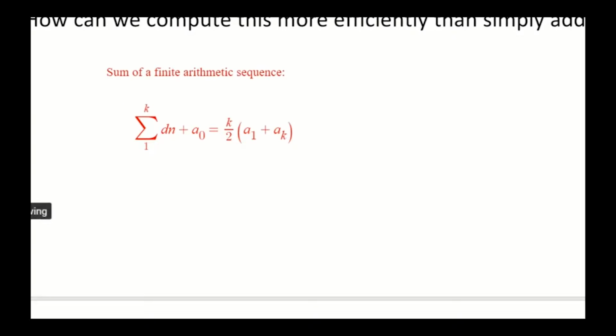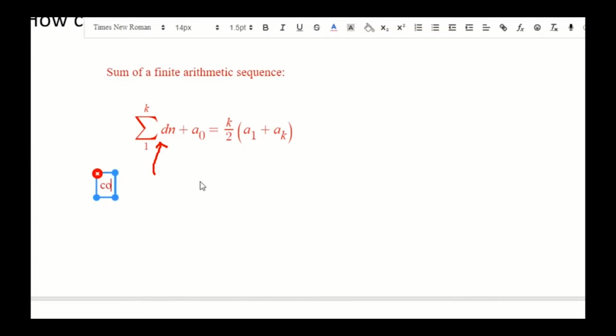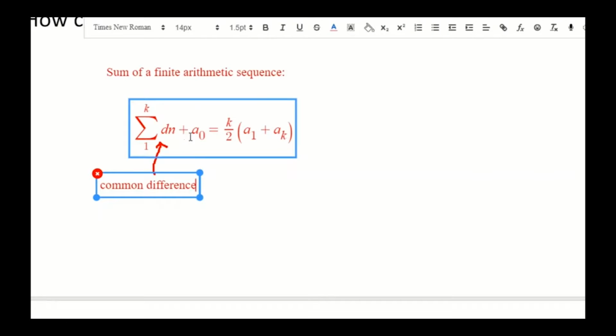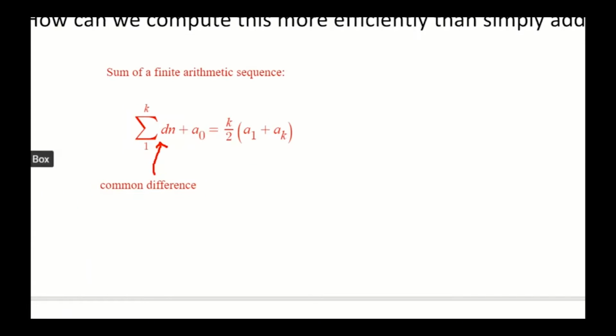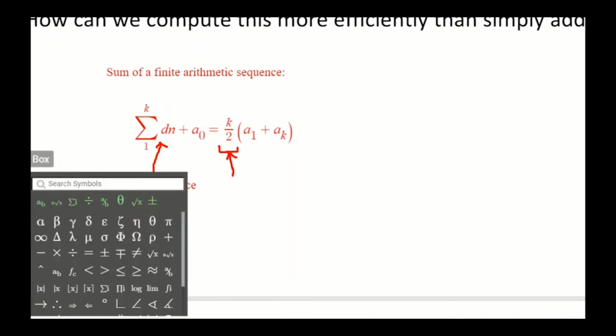So just to break this down a little bit more, d is the common difference. a sub 0 is pretty self-explanatory. That's just the 0th term. Then we have k, which is the number of values. So I'm going to say this k divided by 2, just to make sense of why that is divided by 2, because we are grouping pairs.